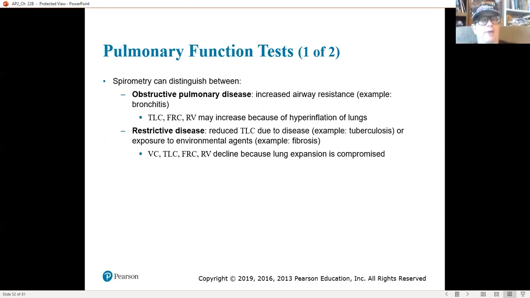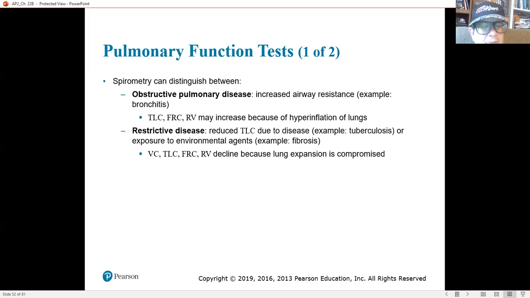So we can use spirometry to tell the difference in obstructive pulmonary disease, like bronchitis, and restrictive pulmonary disease, like tuberculosis or fibrosis. If you have bronchitis, your total lung capacity, your functional residual capacity, your reserve volume may be higher than normal because you've got hyperinflation of the lungs.